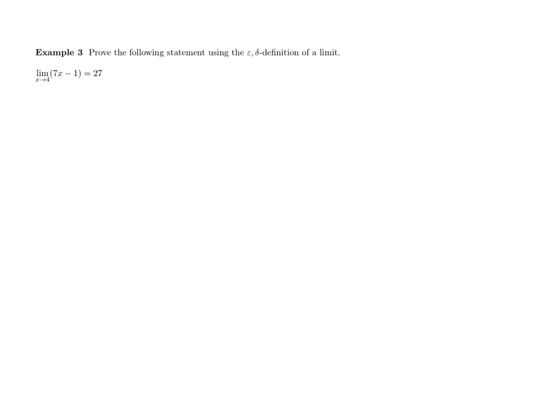In example 3, I want to prove this statement about limits, but I want to do it by using the epsilon delta definition. So here's what that will look like. We're going to start by saying, well, I have to choose some epsilon greater than 0.